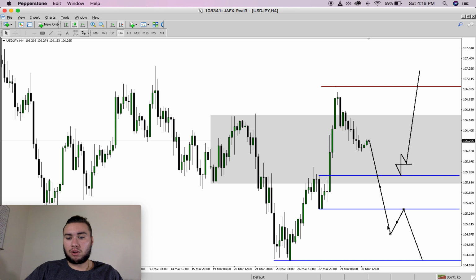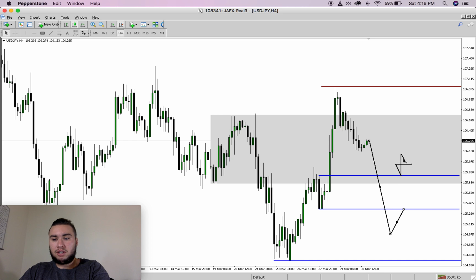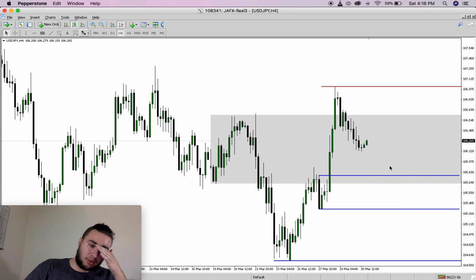If we start breaking below this bullish order block, then we wait for the retest and then we could short it for new lows. So now we've got both sides of USD JPY marked out. Whether they go up or whether they go down, we know how we're going to want to get on board for both.